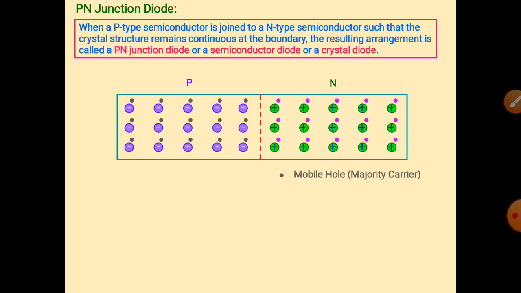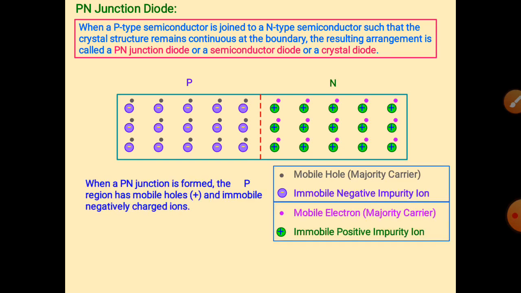The majority carrier in N is electrons, and the majority carrier in P type is holes, right? So these are majority carriers and minority carriers. We know that.